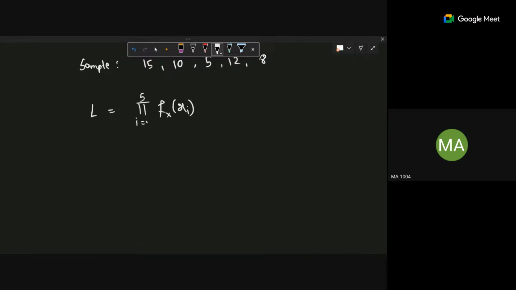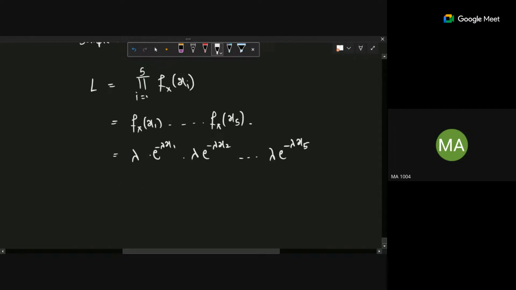So these are our 5 distributions, each lambda e to the power minus lambda x. That is lambda to the power 5 e to the power minus lambda x1, then lambda e to the power minus lambda x2, and till lambda times e to the power minus lambda x5.